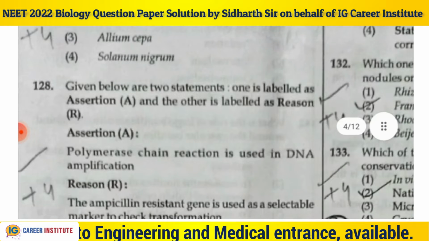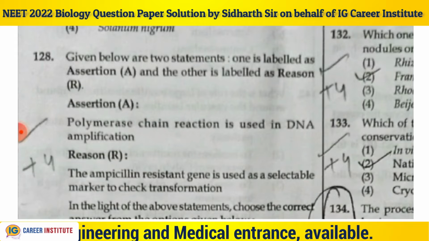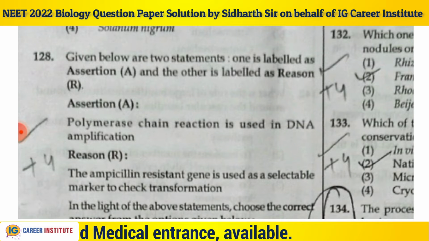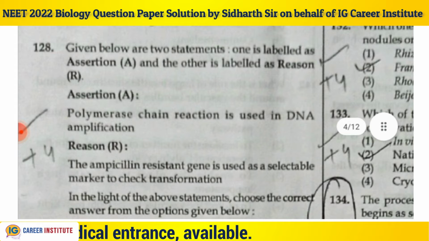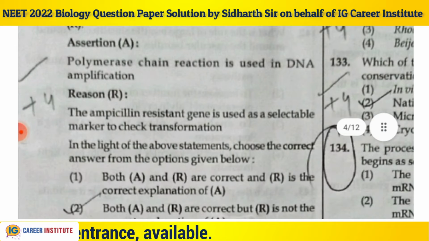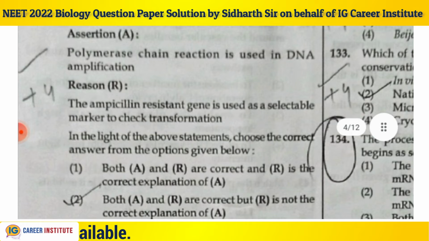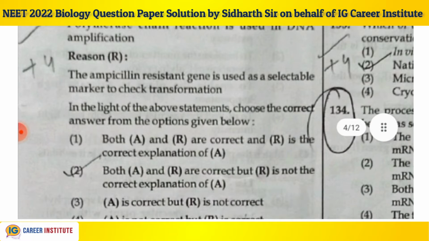Question 128. Given below are two statements. One is labeled as assertion and the other as reason. Assertion A: Polymerase chain reaction is used in DNA amplification. Reason R: The ampicillin resistant gene is used as a selectable marker to check the transformation.